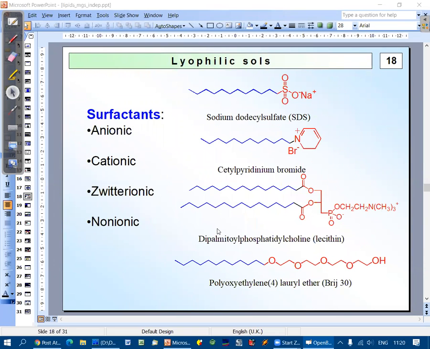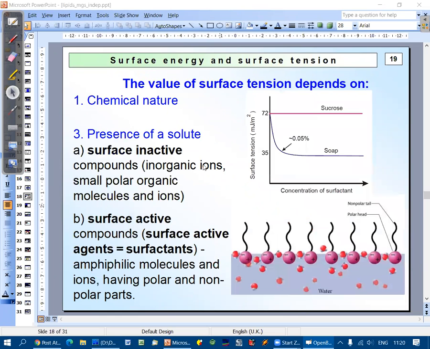So, lipids belong to surfactants, and as I hope you remember, surfactants are compounds that are able to decrease the surface tension on the boundary surface in colloidal systems.